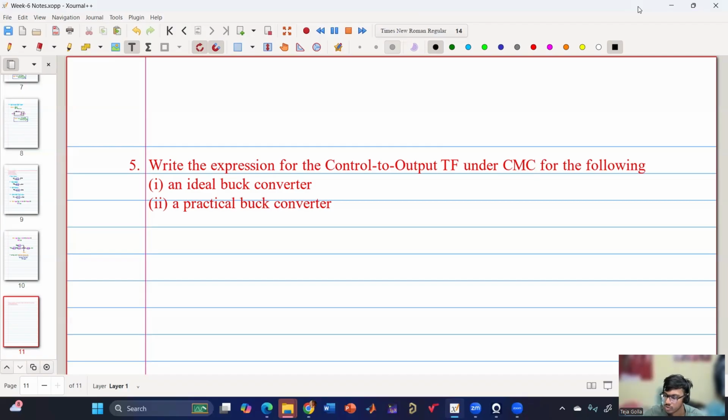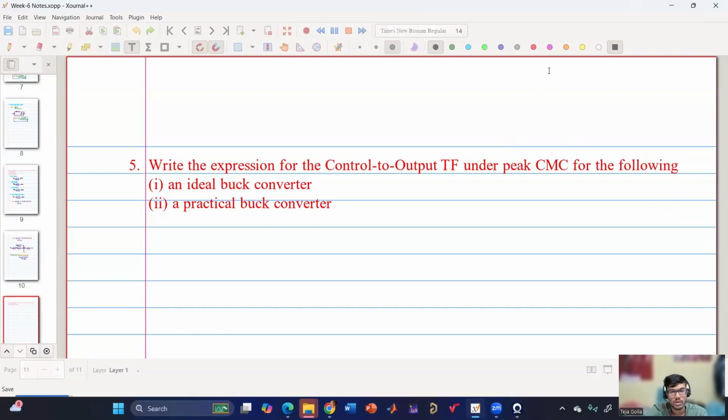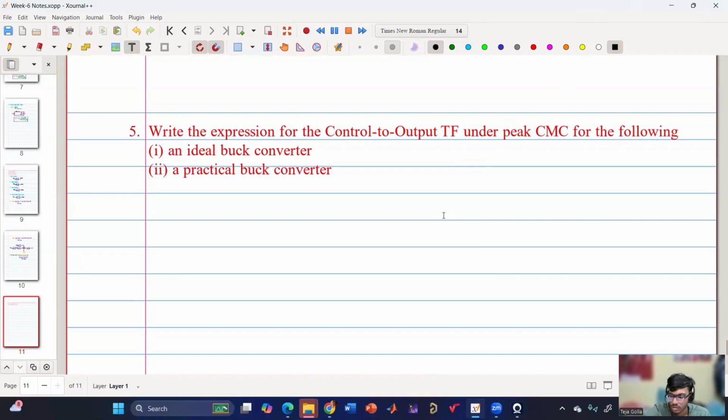But before that, you know current mode control, right? Say peak current mode control. Maybe I should mention peak current mode control. Okay.